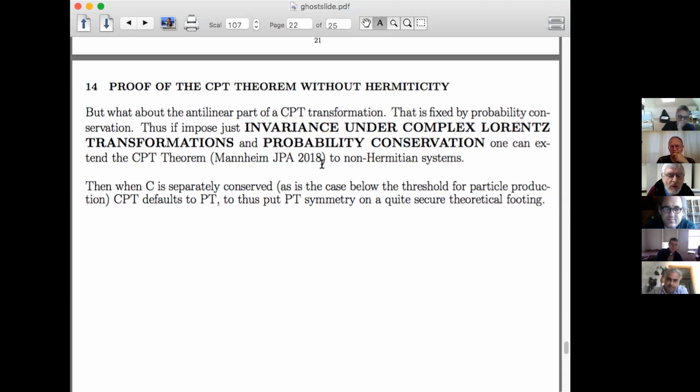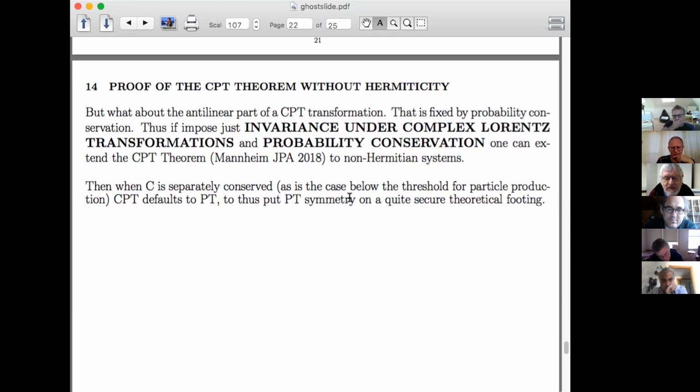Now, so therefore CPT becomes the antilinear symmetry that's forced upon you by relativistic considerations. But in a non-relativistic case, when you're below the threshold for particle production, C is separately conserved and CPT defaults to PT. Thus, the non-relativistic limit of the CPT theorem that I've just described becomes a PT theorem.